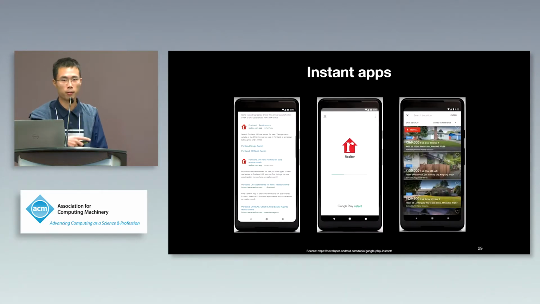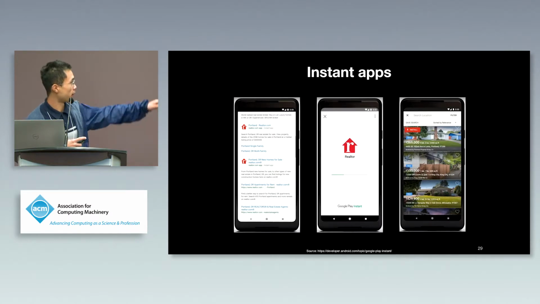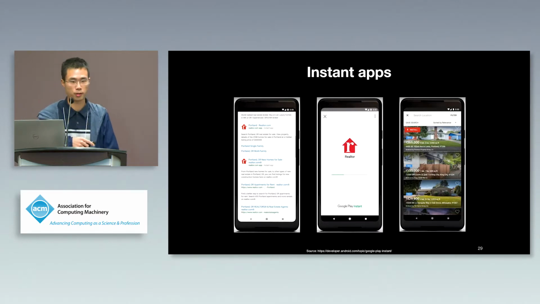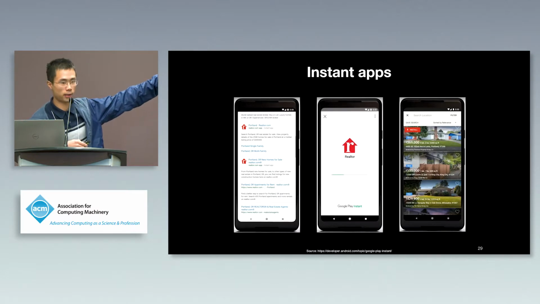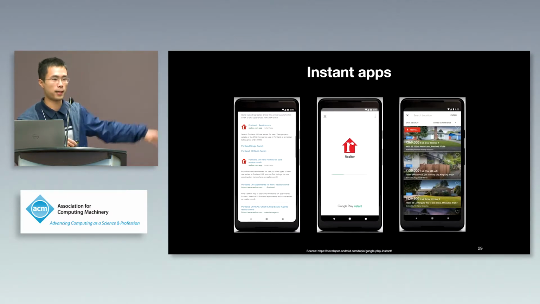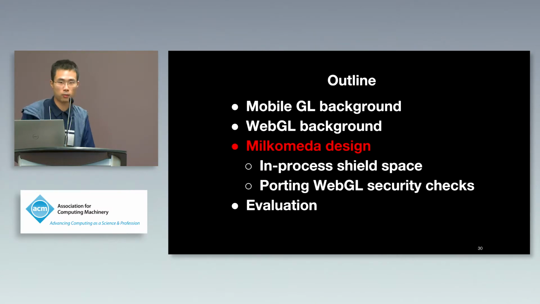I'm sure you've heard of Instant Apps. This is a new feature in Android. On the first screenshot, this is actually a search result from Google. If you click on the link, it will install and launch this app without asking for user permission. So basically now a web app is just one click away from the user.